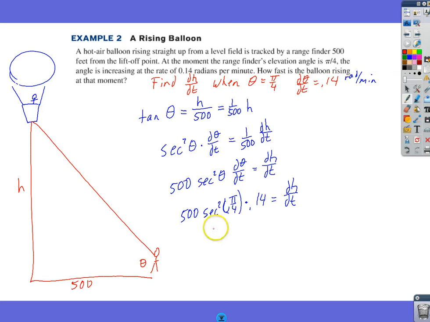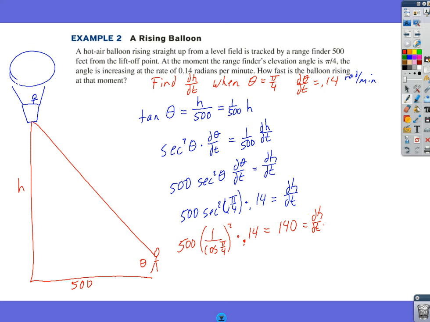So it would be 1 over cosine of pi over 4, squared, that's cosine squared, times 0.14 and times the 500. You might also be asked to do this by hand, but the fact that they put in 0.14 means to me it's a calculator. When I put this in the calculator, I get 140 is equal to dh/dt.